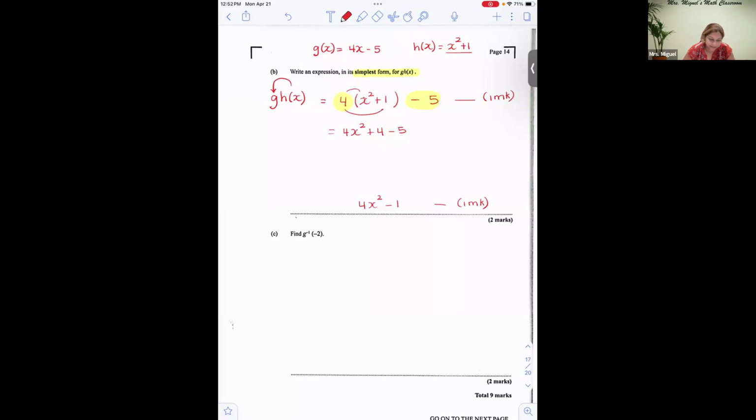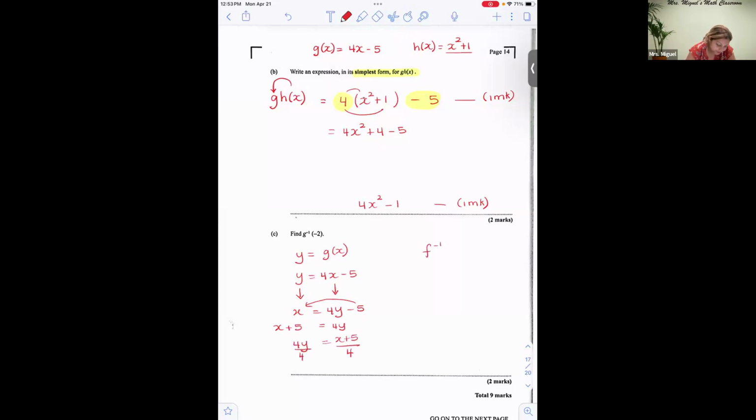G inverse of -2. You let y be equal to g of x. So y is 4x minus 5. You interchange x and y. You make y the subject. You divide both sides by 4.